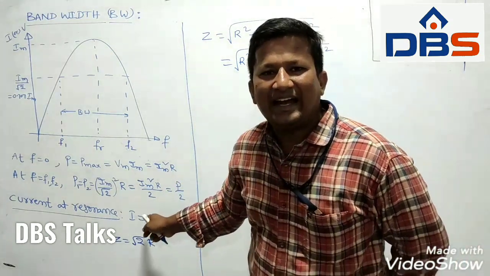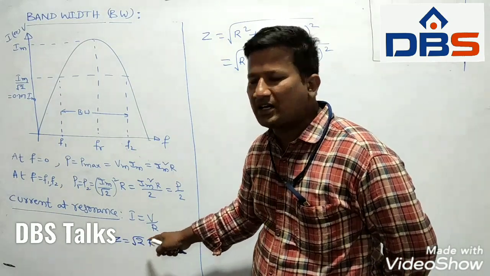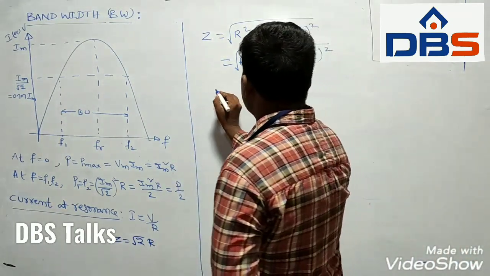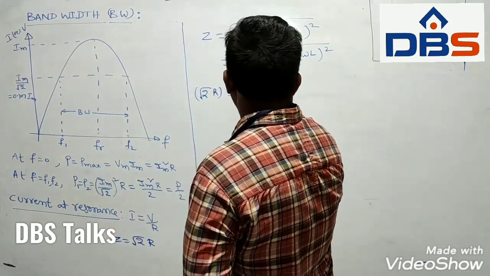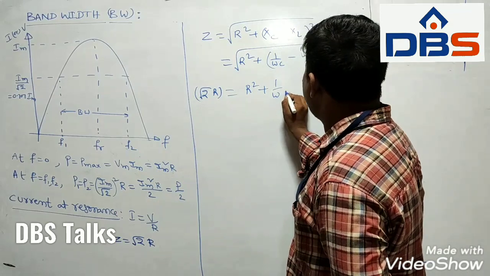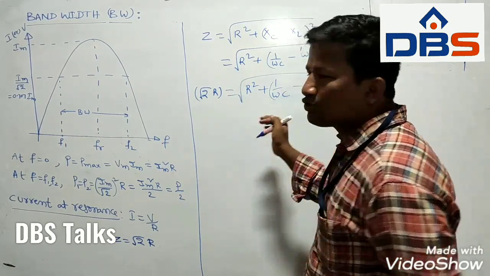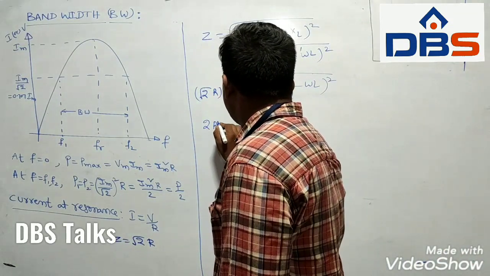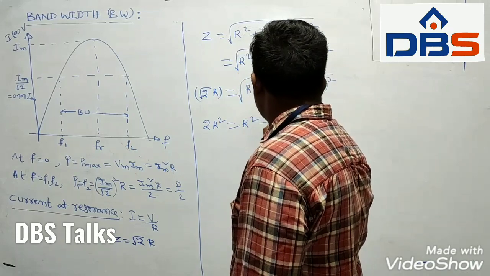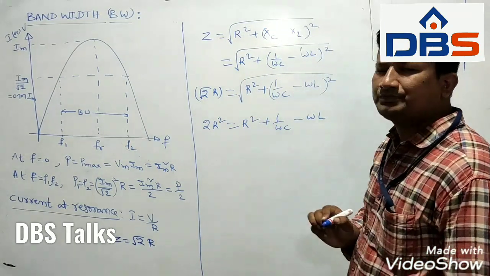But we know that at half power frequencies the impedance Z is equal to root 2 R. We substitute that: Z equals root 2 R equals the square root of R square plus (1 by omega C minus omega L) square. Now squaring on both sides, we get 2R square equals R square plus (1 by omega C minus omega L) square.